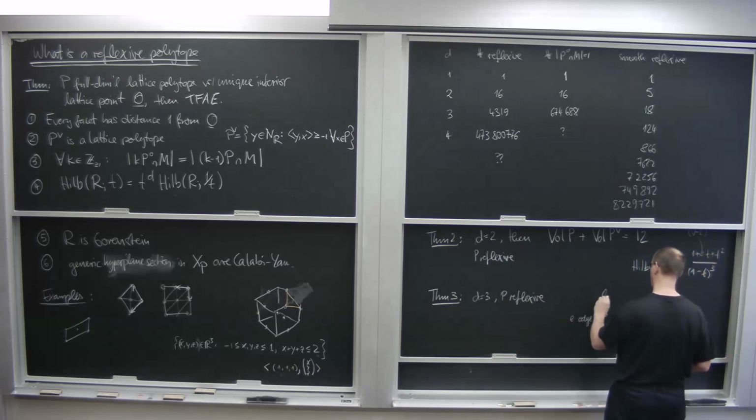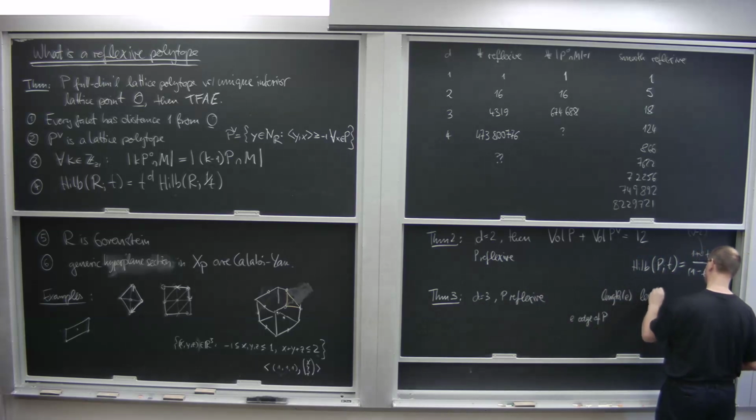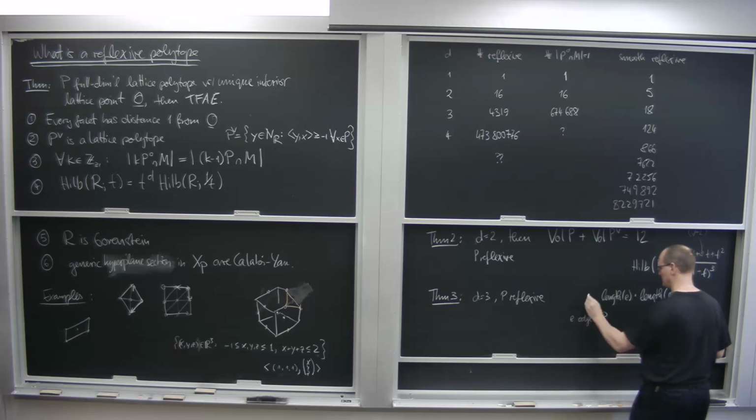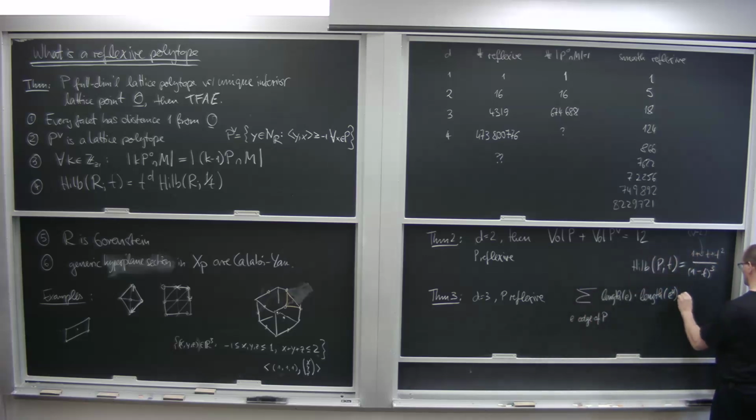So I can take the length of E, I can take the length of the polar edge, I can multiply them, I can sum them up, and I get 24.